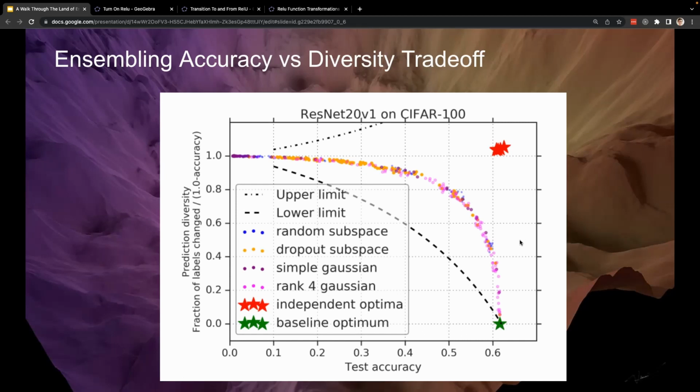I don't know what this shape means. You mean this shape here? Yeah. But isn't accuracy on both axes? Isn't it the same test accuracy on the X axis, and this is 1 minus prediction diversity? Yeah, but the formula has accuracy in the denominator, right? 1 minus accuracy.